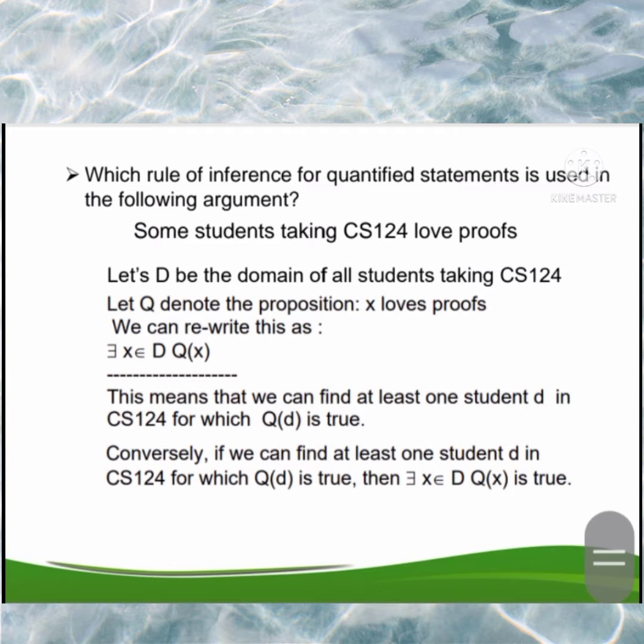This means that we can find at least one student d in CS 1 to 4 for which Q(d) is true. Conversely, if we can find at least one student d for which Q(d) is true, then there exists x belonging to D, Q(x) is true.